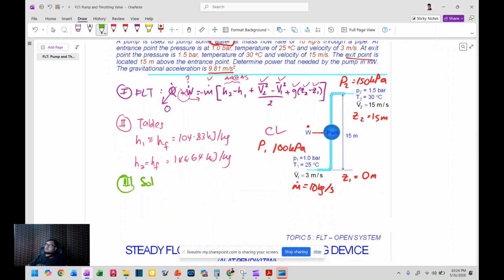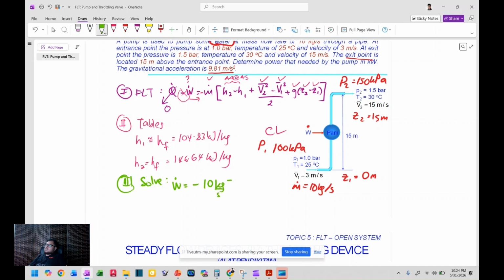Solve. So W dot equals minus, remember we have carried the minus to the right hand side. Mass flow rate is 10. You know what? Let me just write the units.